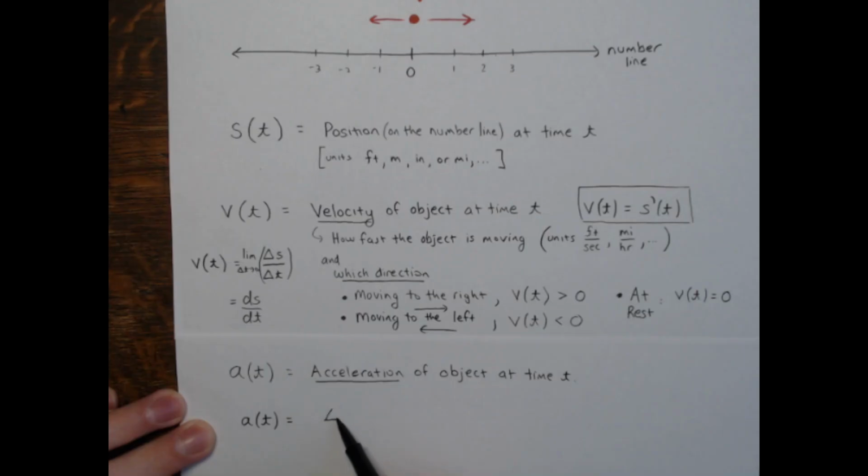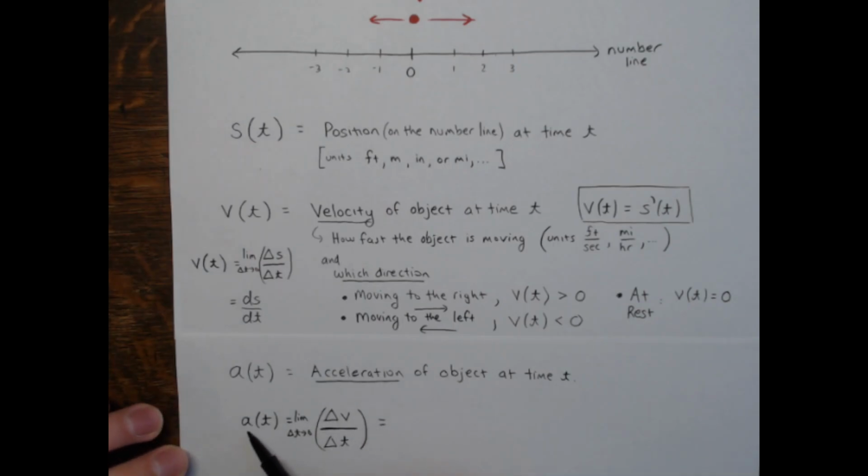So I would take the change in velocity, delta v, how much did my velocity change, divided by how much time went by. So delta v divided by delta t. But if we want that at one particular time, we take delta t and have it approach 0.